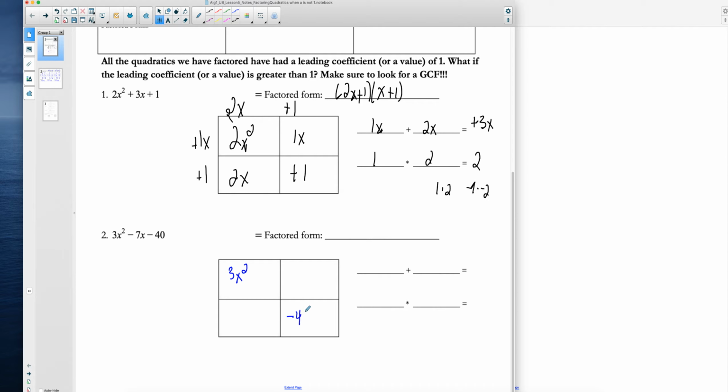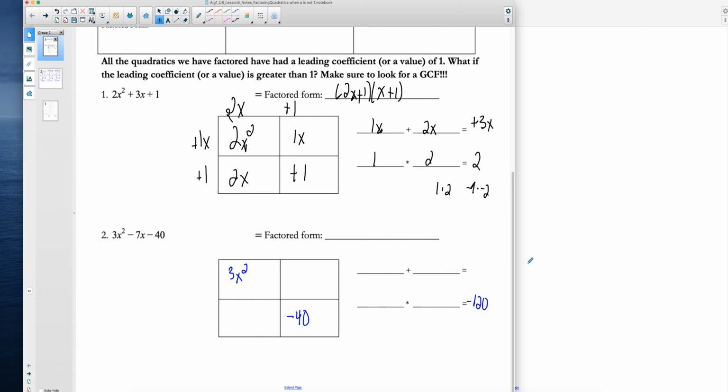Now, here's where the complexity comes in, because now we're doing a times c. Last time it was just going to be 1 times negative 40, and that was negative 40. But now you can see we're going to do 3 times negative 40, and that gives us a fairly large number. That's going to give us negative 120. Now, we're still looking for our b term, and we still get our b term from this guy.